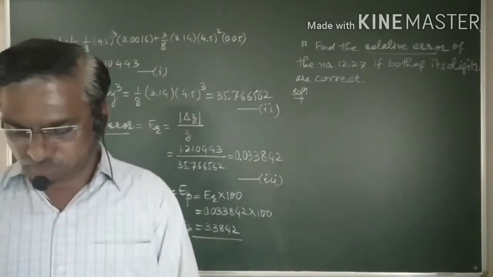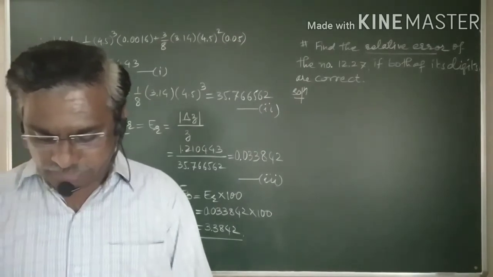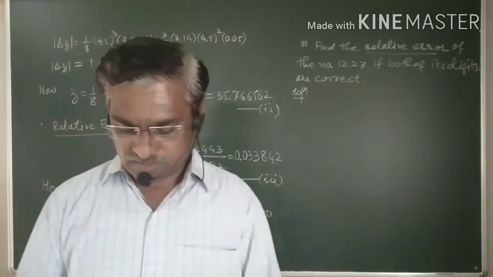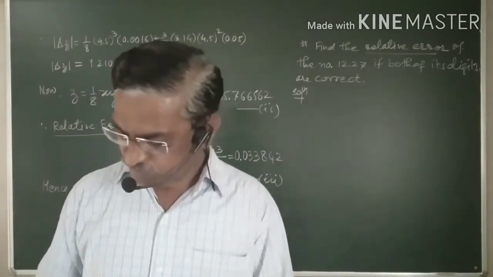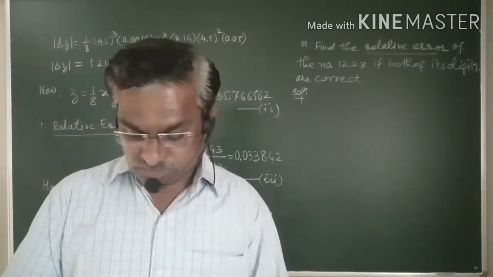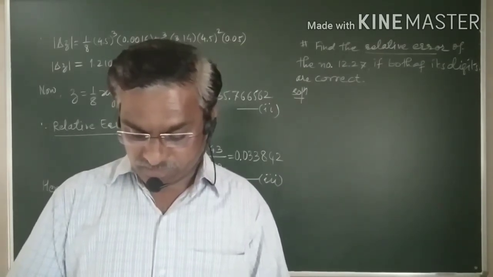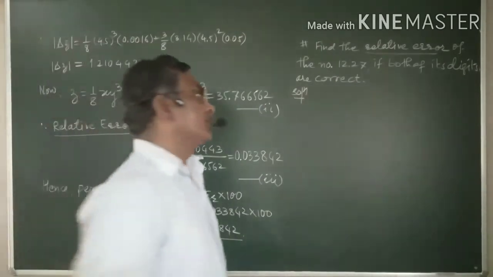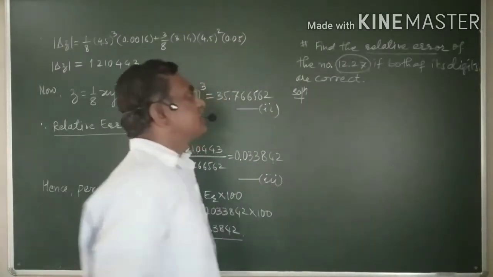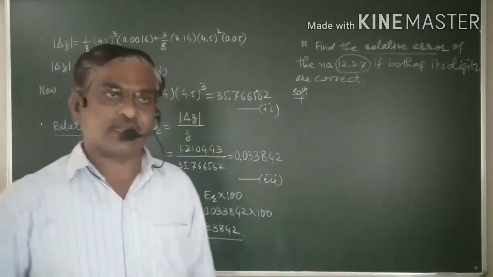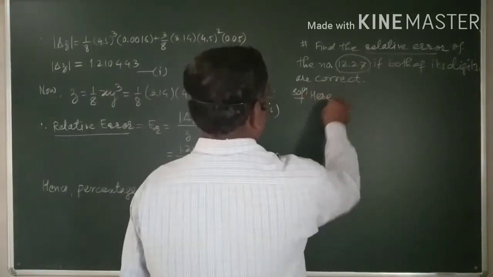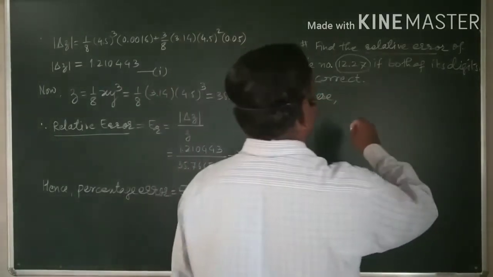Now to find out the relative error in any number, we had one example in the last lecture, so you have an idea about how to find the relative error in the given number. Here, if we look at the given number, we will find that this number is rounded to 2 decimal places, and hence we need to find the upper limit for absolute error.